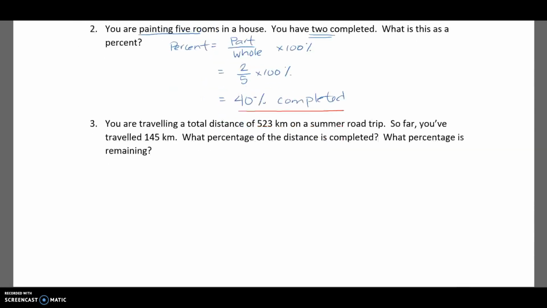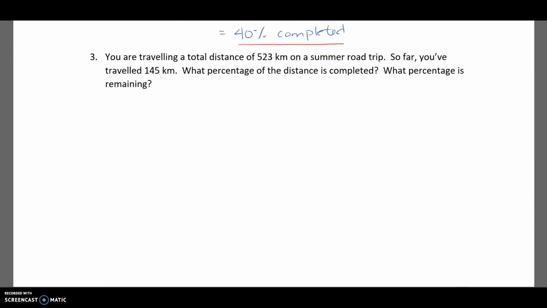Let's do one more example. You're going to travel a distance of 523 kilometers on your summer road trip, and so far you've traveled 145 kilometers. There are 2 parts to this question. We want to know what percentage of the distance has been traveled or completed, and what percentage is left to be traveled or remaining.